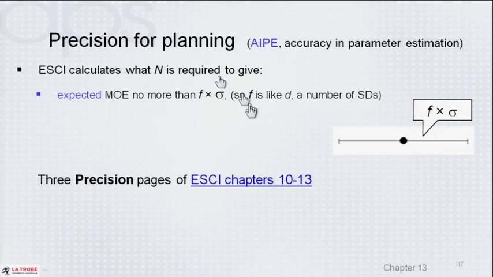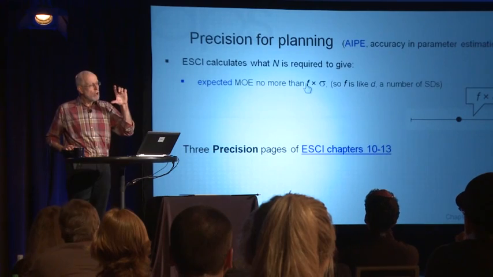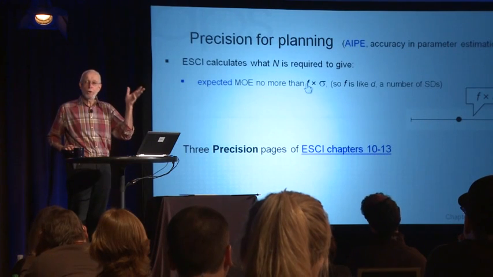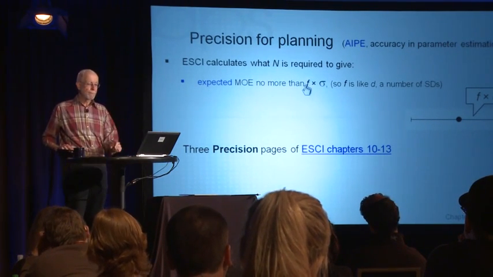Now, the idea is that we choose f, which sort of stands for fraction, and we want our MOE, the length of one arm of our confidence interval, to be no greater than f times sigma. So f is in Cohen's d, Cohen's delta units. We'd like to finish up with a confidence interval no longer than plus or minus 0.3 sigma or 0.4 sigma.